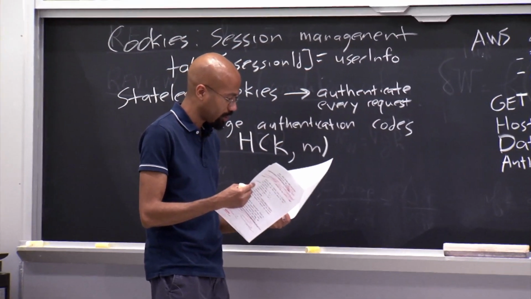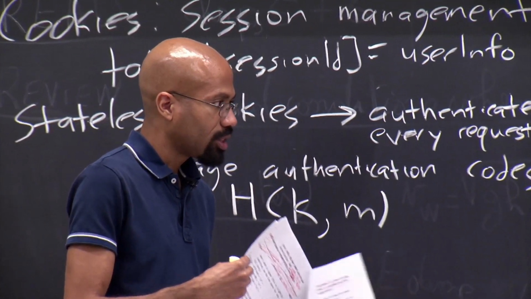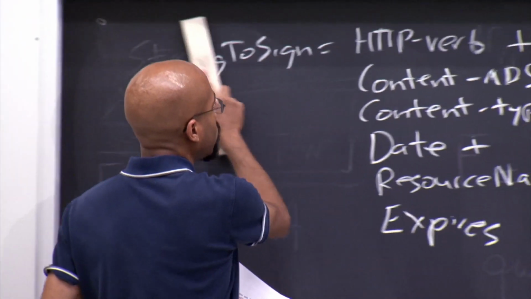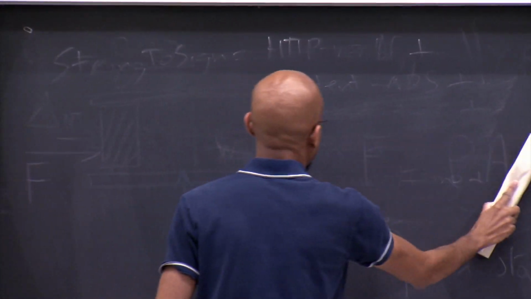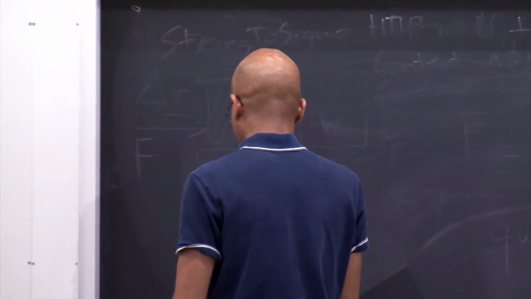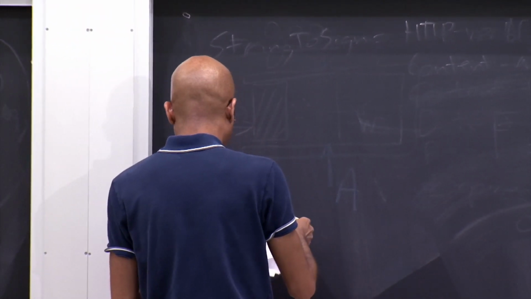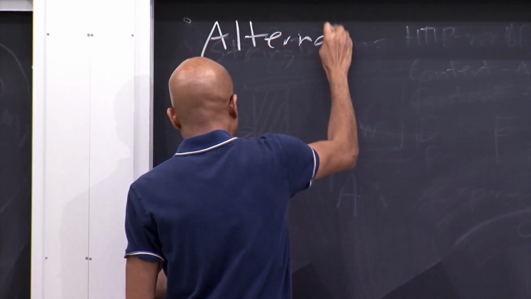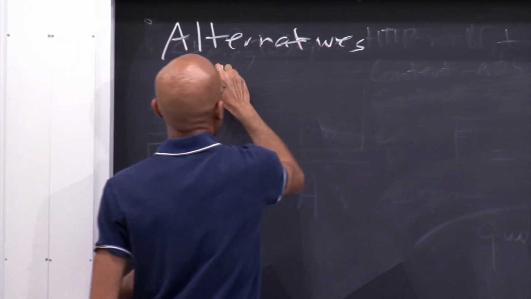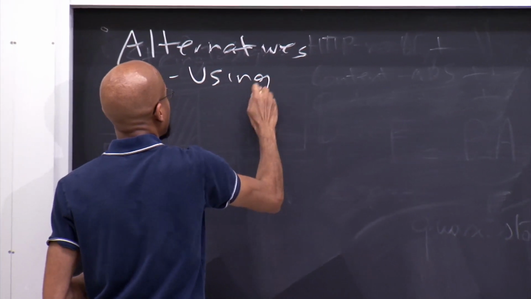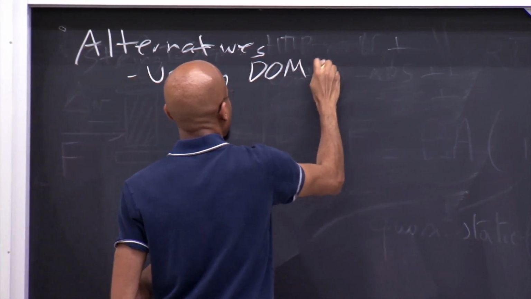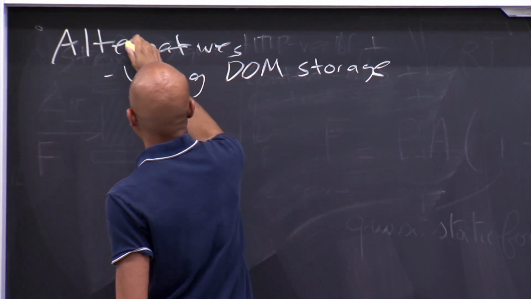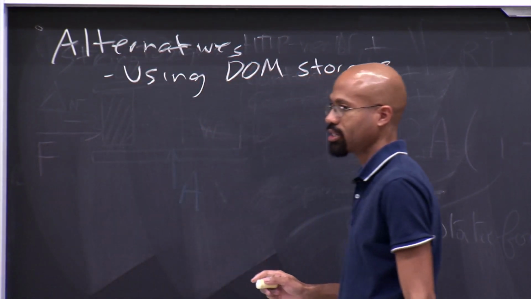And there are also a couple of other things you can use if you want to avoid traditional cookies for implementing authentication. So one thing you can imagine doing is using DOM storage to hold client-side authentication information.